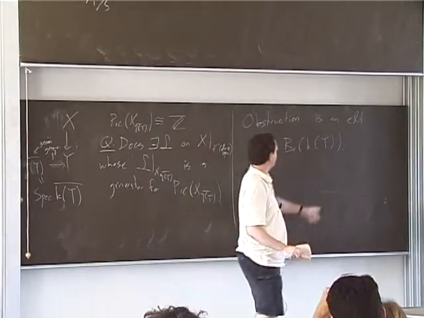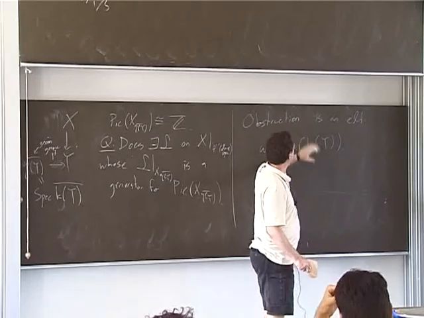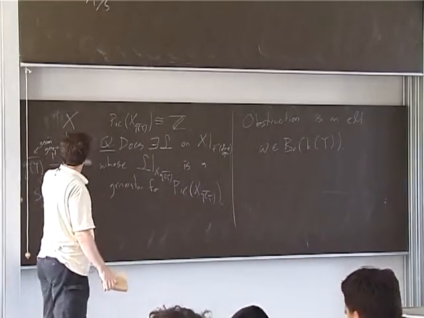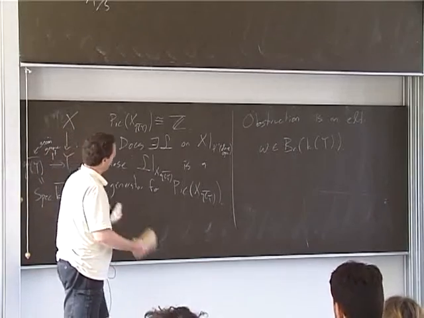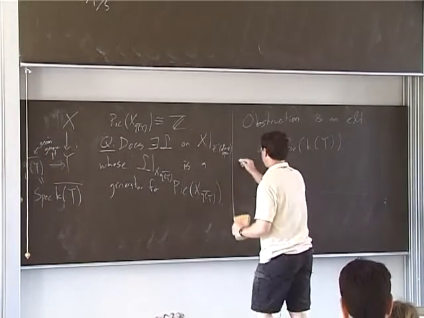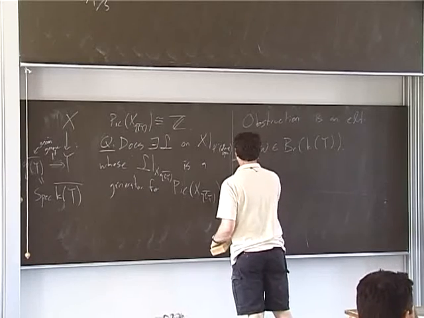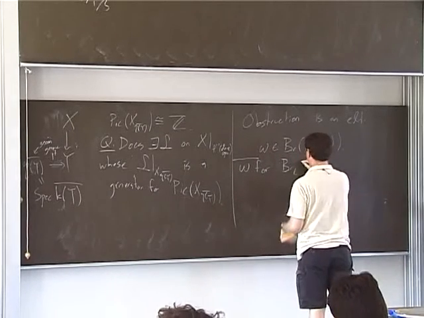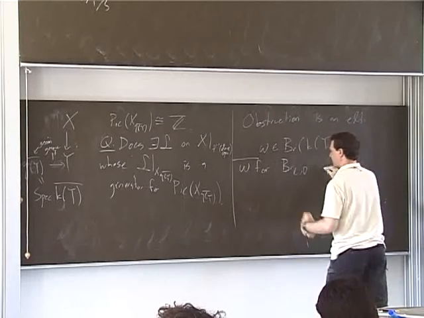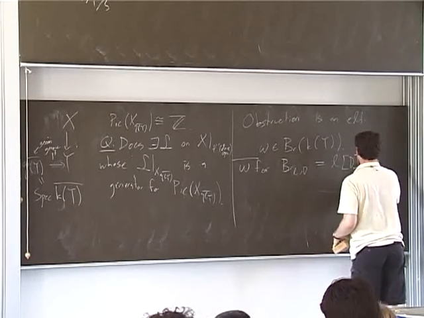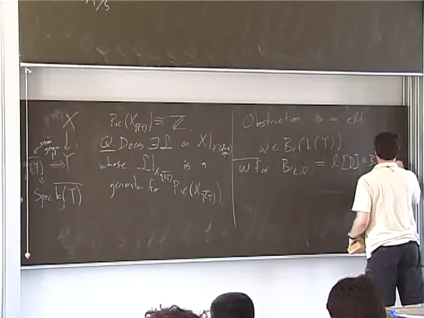Before we were talking about the case where Y was a curve, and then Tsen's theorem says the Brauer group of a curve is trivial. So if Y was a curve, this would automatically hold. But when you have a higher dimensional base, like a surface, this doesn't automatically hold. But the whole point here is that omega for the generalized Severi-Brauer variety, by a simple computation, equals L times the class of D inside the Brauer group.